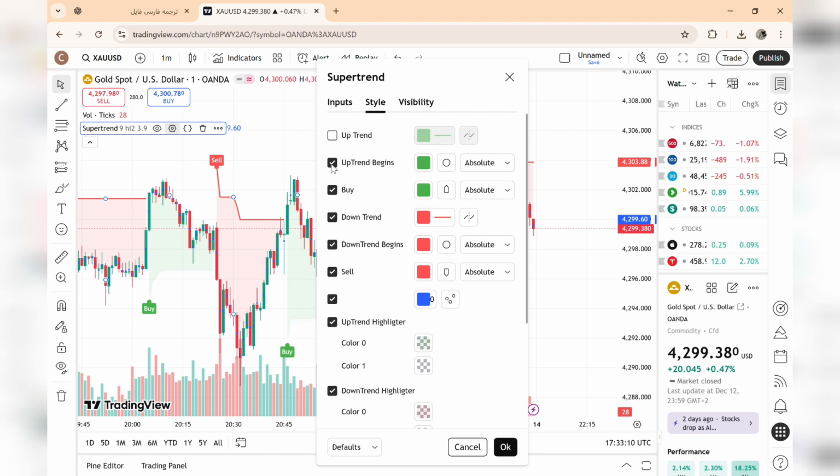Please follow these settings. Now press OK.